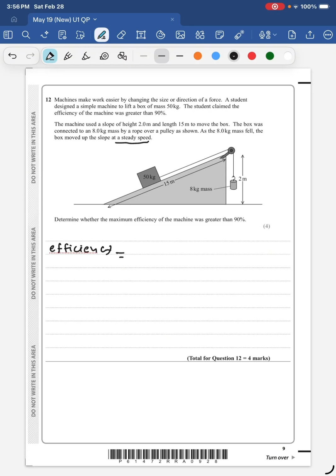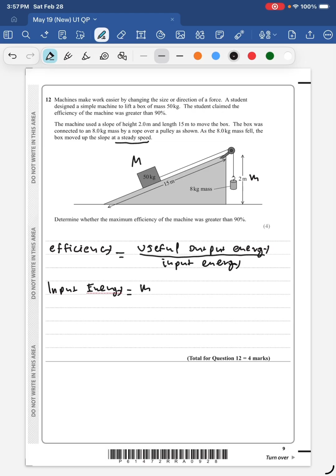So useful output energy over input energy. Okay, now the input energy: if we name this capital M, the 50 kilogram mass, and lowercase m is the 8 kilograms mass, then the input energy is equal to mgh, and let's call this h the 2 meters.